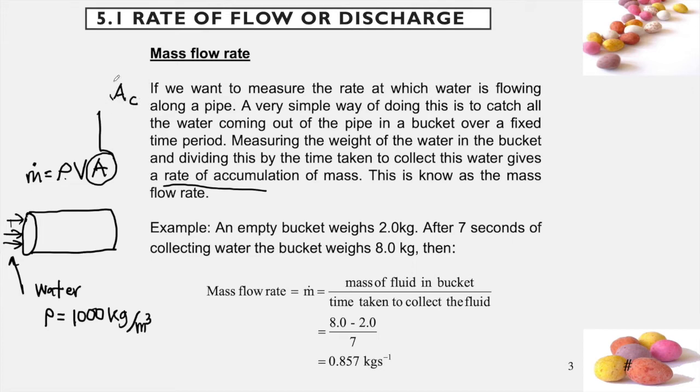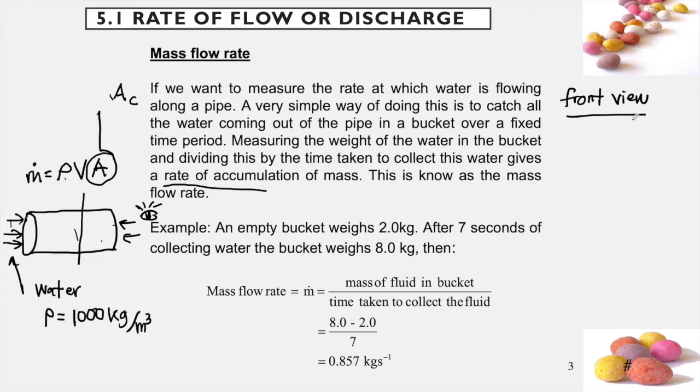How do we calculate the cross-sectional area? If we look from the side view, and then we take a look at the front view, we cross this figure and look at the front view of the pipe.